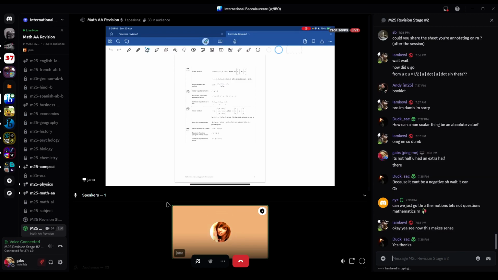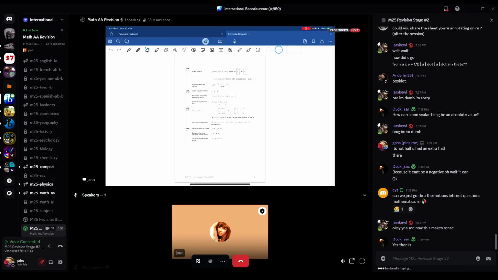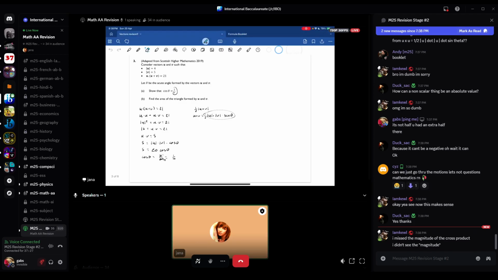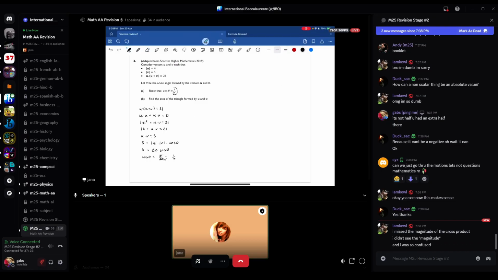There's nothing wrong with questioning mathematics. No shame in it. Yeah, the magnitude of the cross product is the area of a parallelogram. So the area of a triangle is just half of that. Does that make sense?